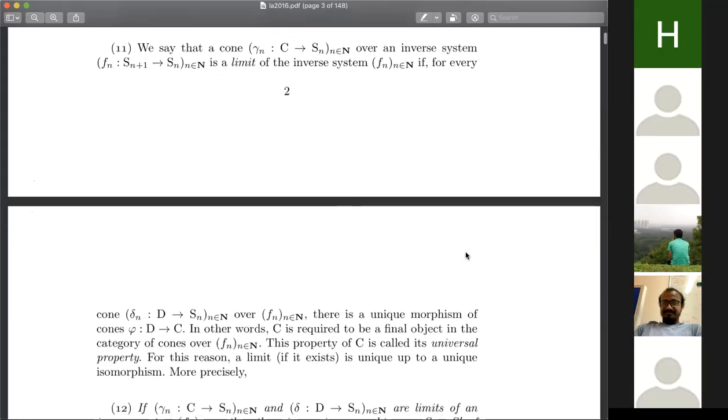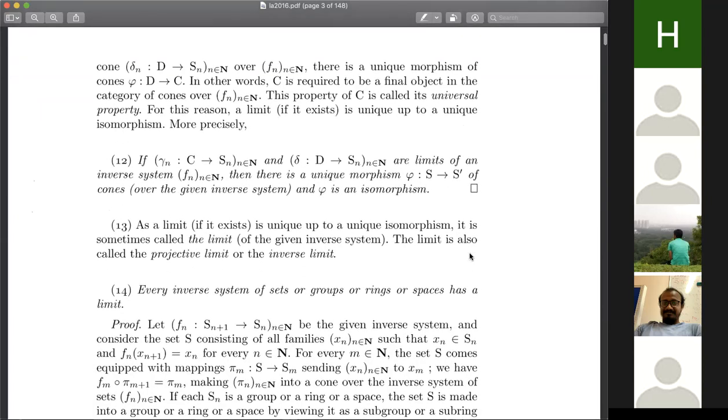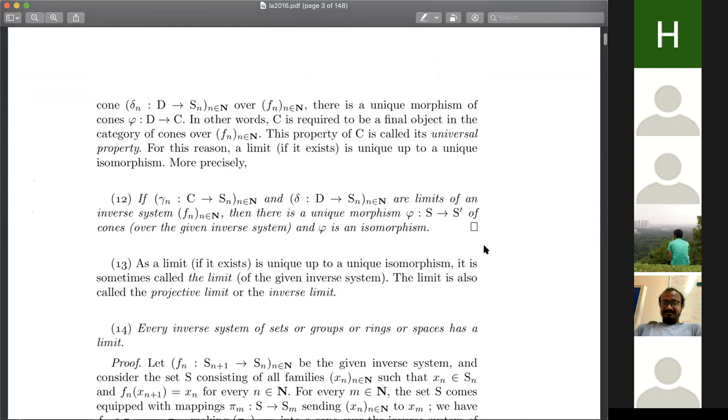So now we have this category of cones over a given inverse system. And if this category has a final object, that's called the limit of this inverse system. Okay? So those of you who feel that all this is too abstract, don't need to worry.